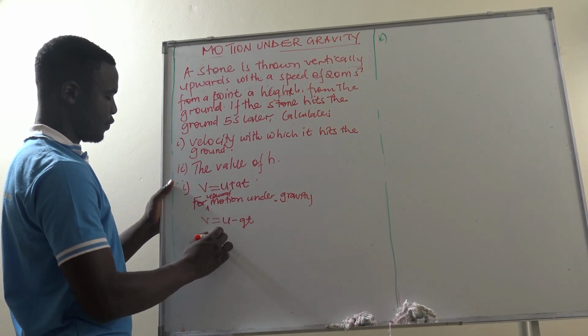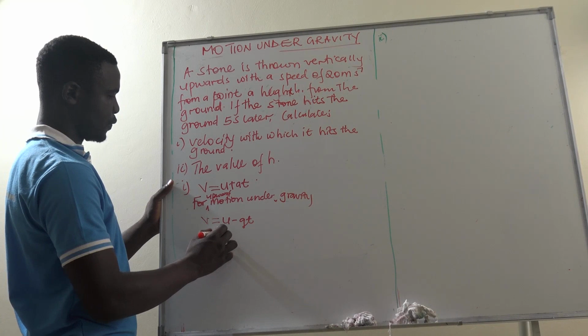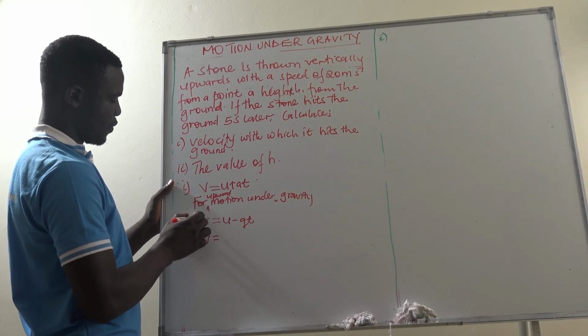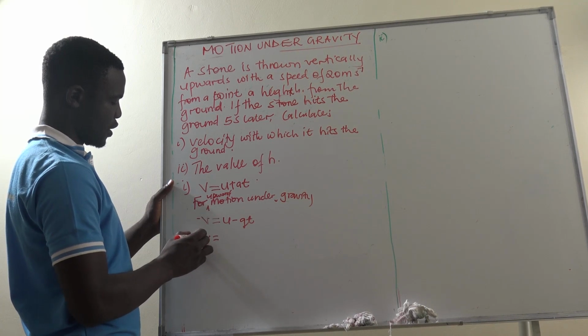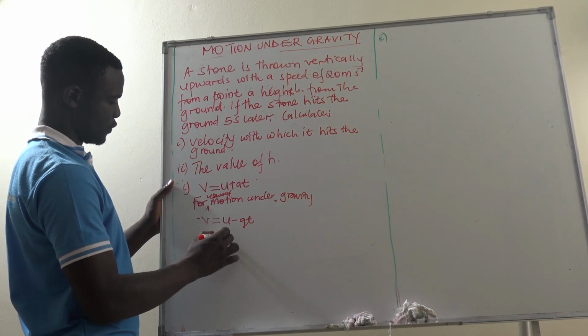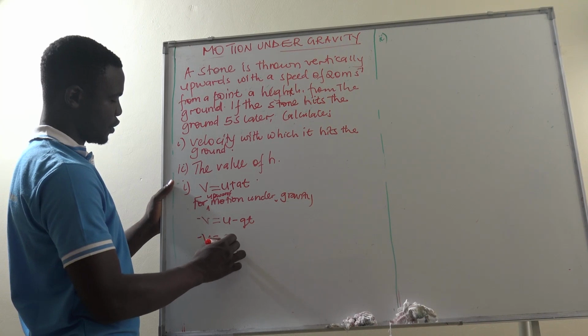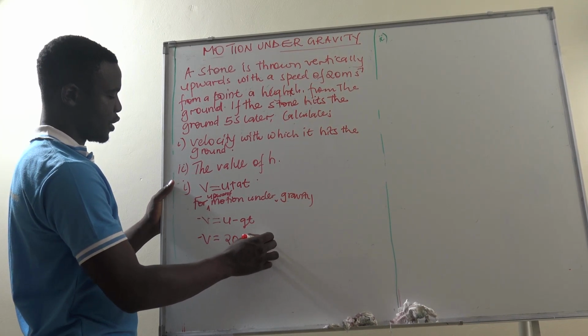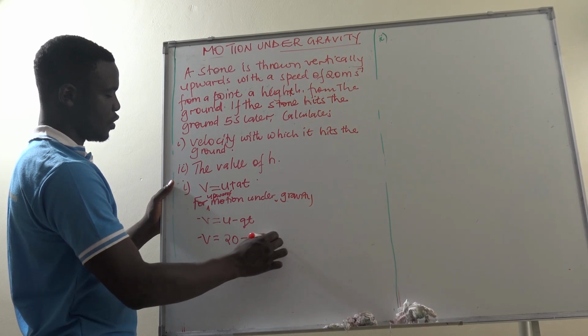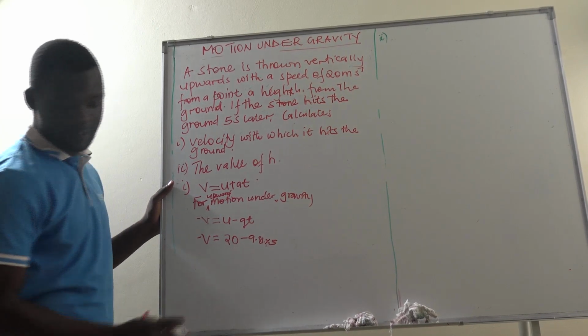So this v of ours is equal to our v. And now remember, we said for upward motion, this v is negative. So u in the question, the initial velocity, was given as 20, minus 9.8 times time, which was 5 seconds.